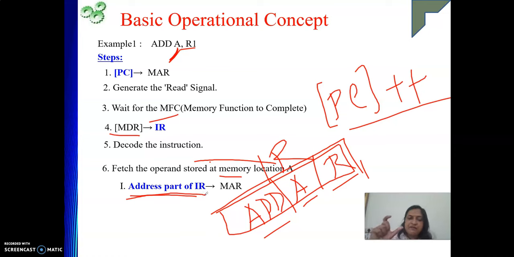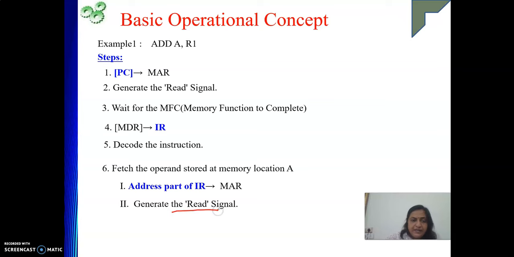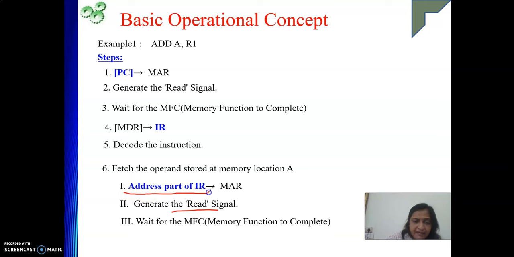In the instruction register, one part represents the opcode and one part represents the address of your operand. That part we will load into MAR. Then generate the read signal. Then wait for MFC.